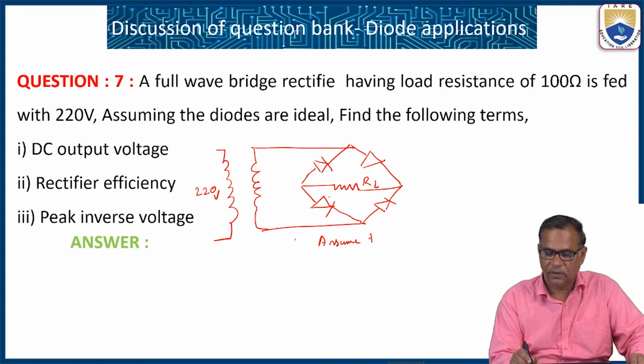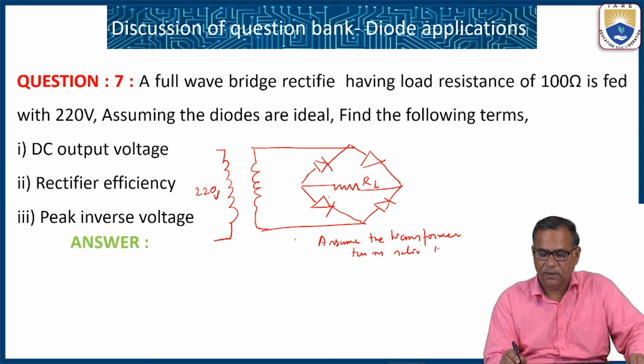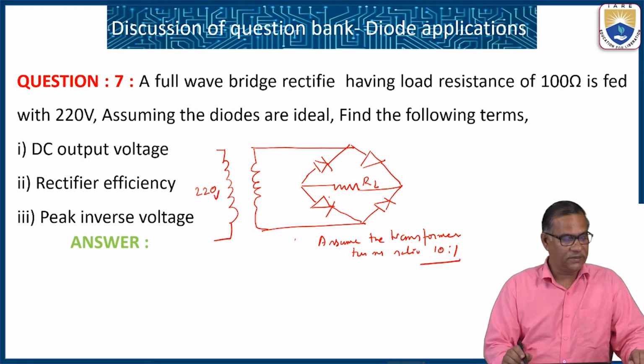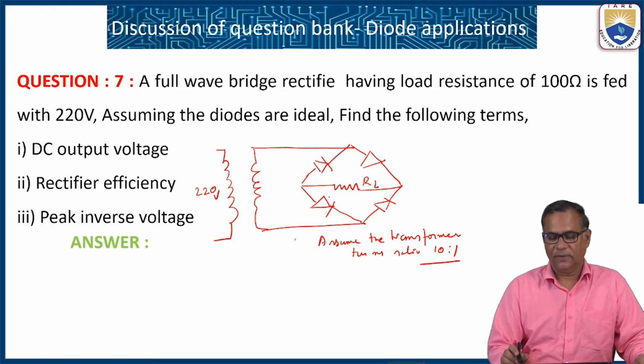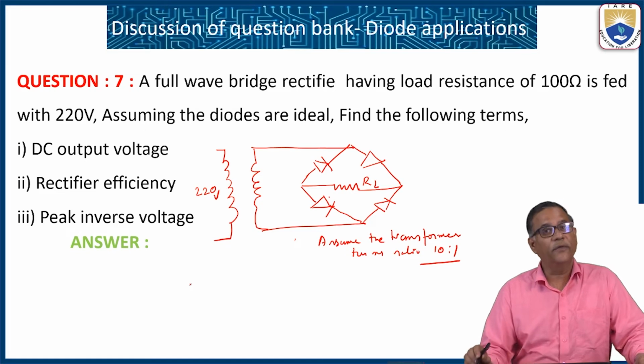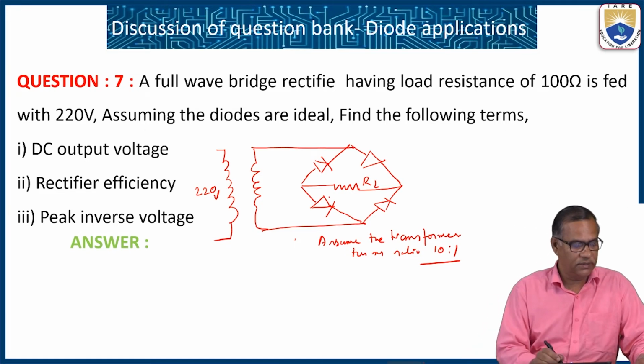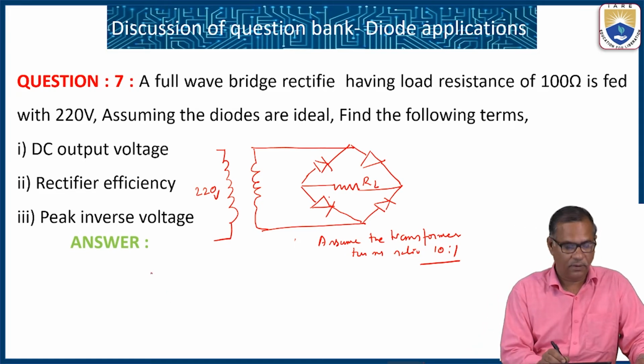Assume the transformer turns ratio is 10 is to 1. Now let us first calculate what is the RMS value. So VRMS is equal to Vm by root 2. So Vm is equal to root 2 into Vrms.